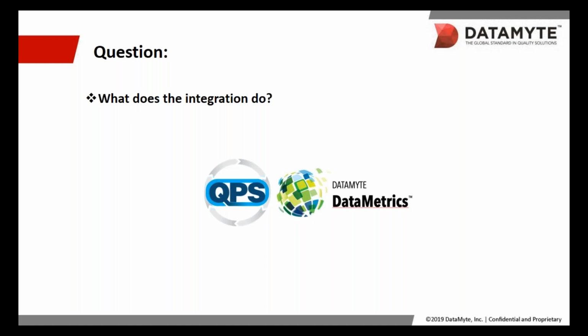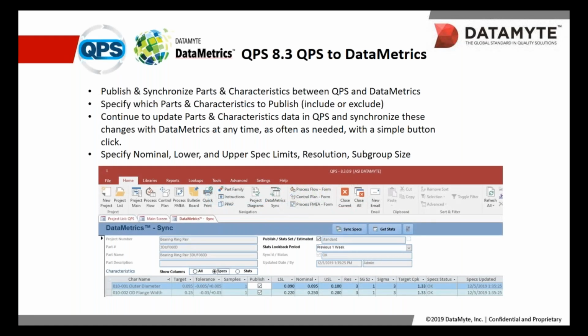So what I'm first going to do is move into the version of Quality Planning Studio, which is 8.3, and begin to talk about this movement from the Quality Planning Studio to the DataMetrics.